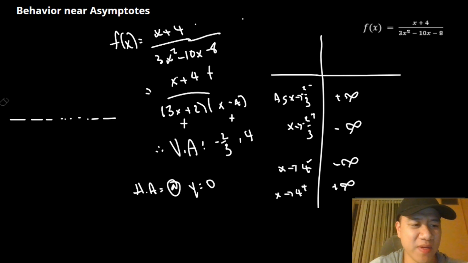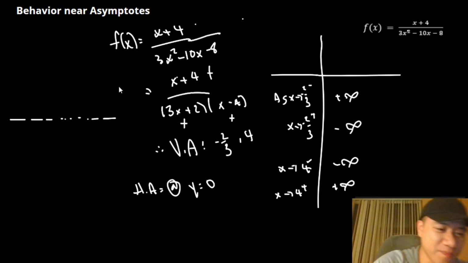So what we're going to do is substitute like 1000 into our function over here. So if we substitute 1000, we are going to get some number. Let's figure out what that is. So what I got was 0.00034.